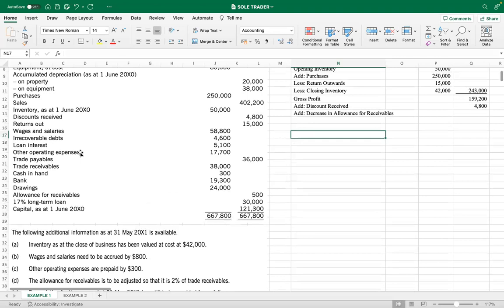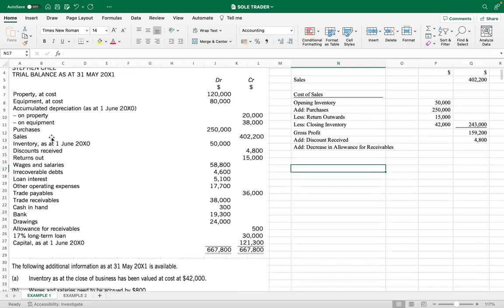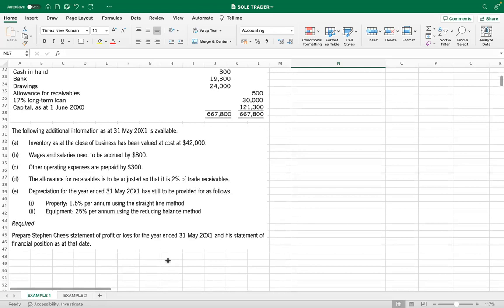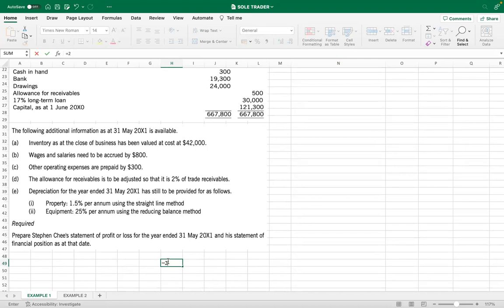Let's check the receivables. Receivables is 38,000. So if we take 2% times 38,000, what it gives us is 760.